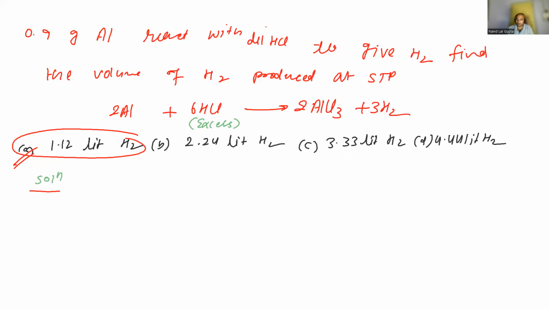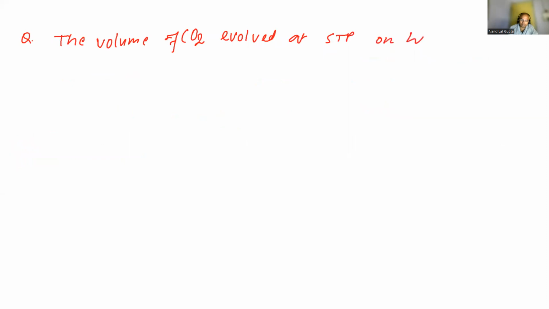So I'm giving you one more problem. You try that one. What is the problem? The volume of CO2 evolved at STP on heating 50 gram CaCO3.